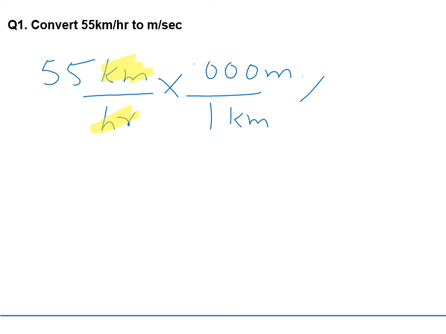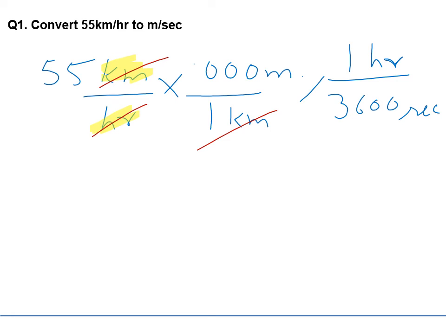And then we also need to convert this 1 hour to seconds. So 1 hour we have 3600 seconds, right? So now this kilometer will get cancelled out and this hour will get cancelled out, and we have the units meter per second.